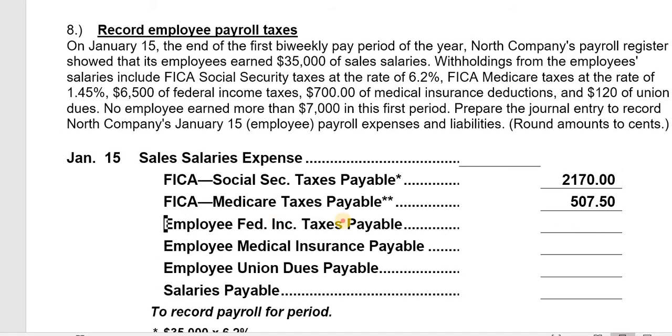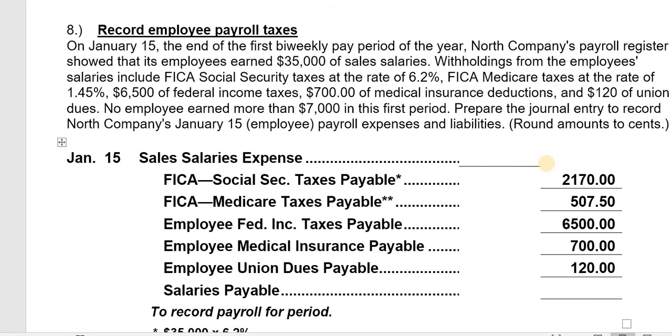Federal income taxes payable. It was up here somewhere. There we go. $6,500. They took out medical insurance payable, $700 in medical insurance deductions. Union dues payable, $120 of union dues. What was the salary expense?